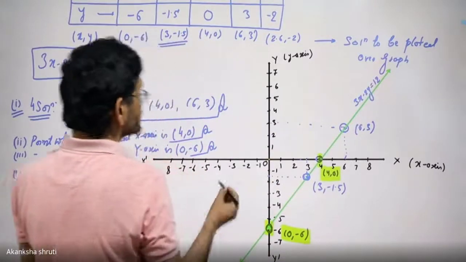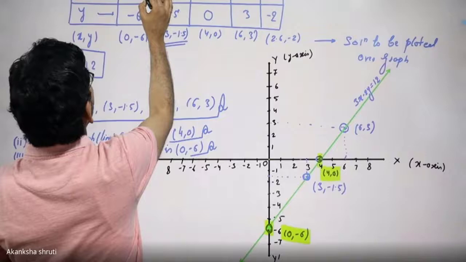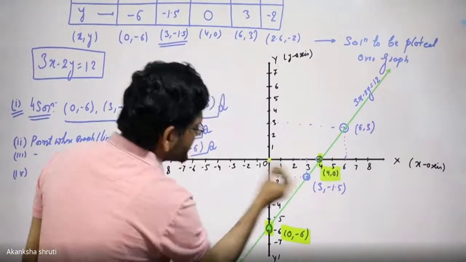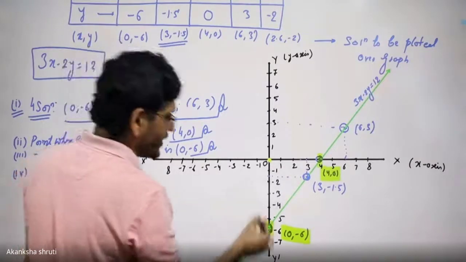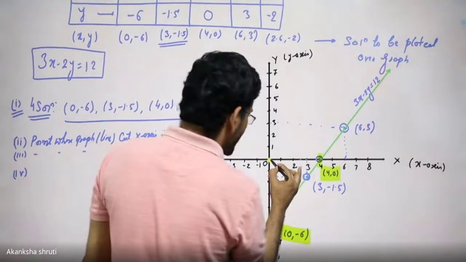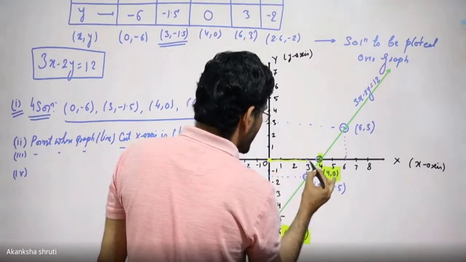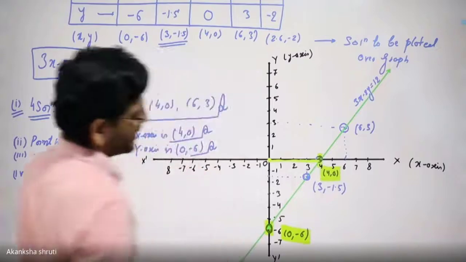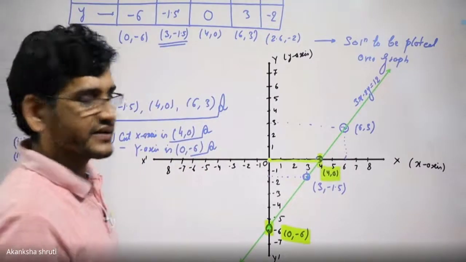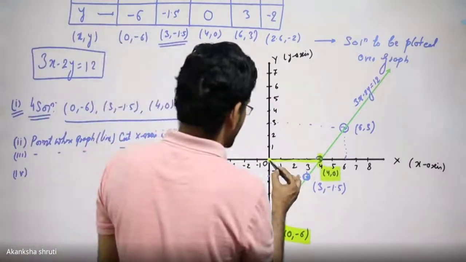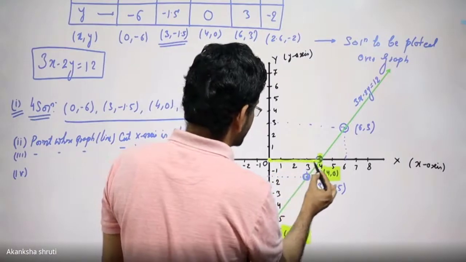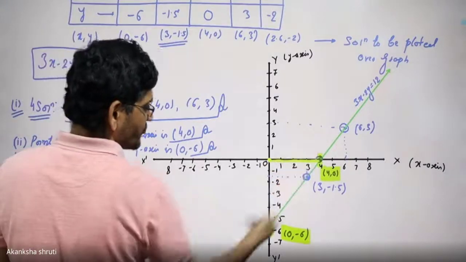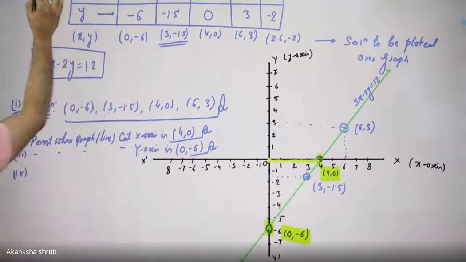Starting from the origin over the x-axis, up to where the line cuts, we get this much length. This much length is called the x-intercept. Again remember, x-intercept means the length on the x-axis where the line cuts.